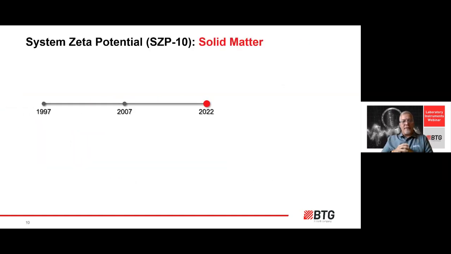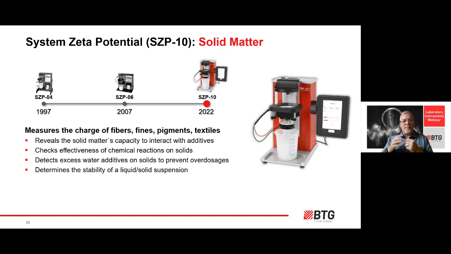The other device, the system zeta potential, has been around not quite as long and not quite as many iterations, but it was discovered that similar types of measurements could be made across a fiber mat to give us good information about the fiber's ability to absorb additives, the actual charge on the surface of the fibers.